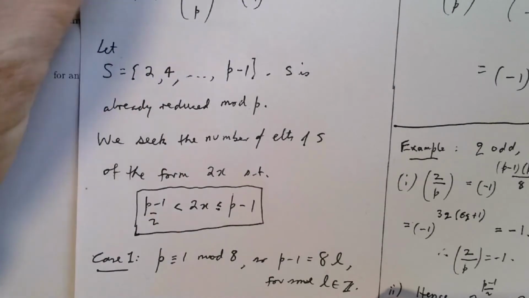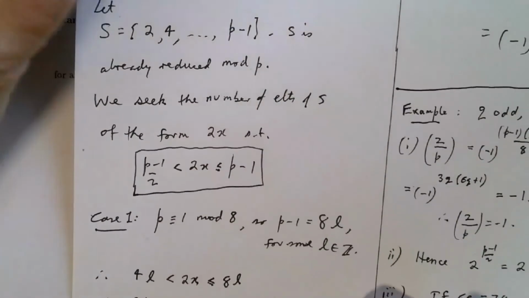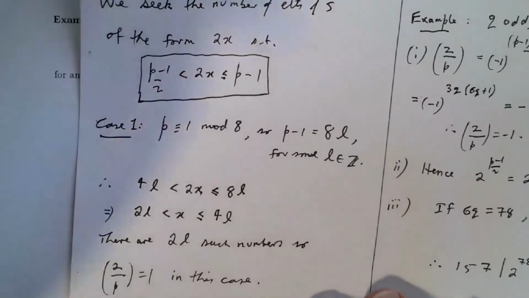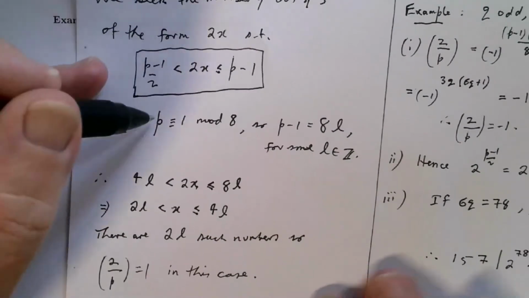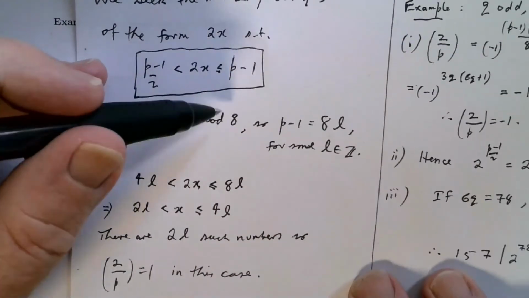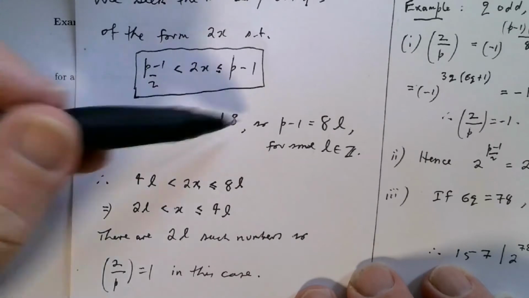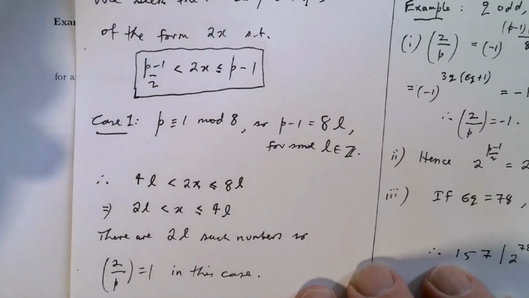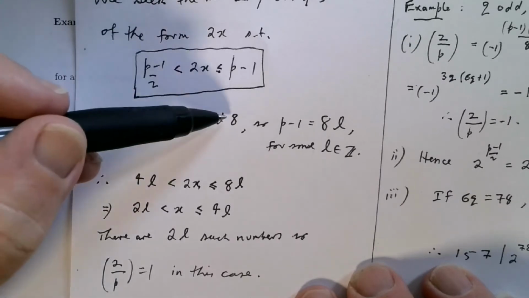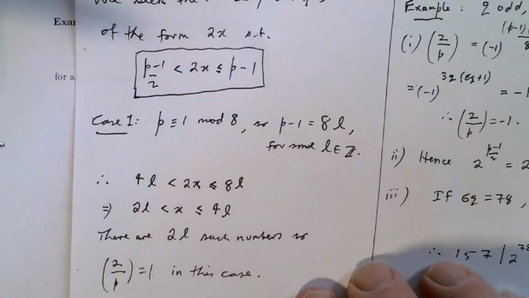The easiest way of doing that is to look at some cases. Case 1: I'm going to put p to be 1 modulo 8. We do that because it makes the calculations much easier, as we'll see. So if p is 1 mod 8, that means p minus 1 is a multiple of 8.